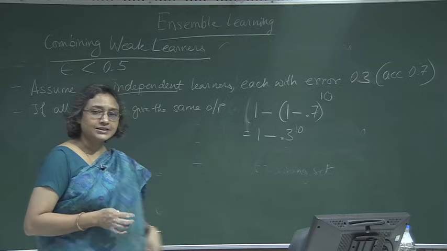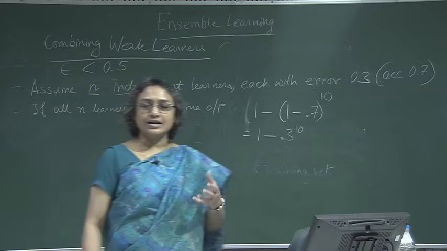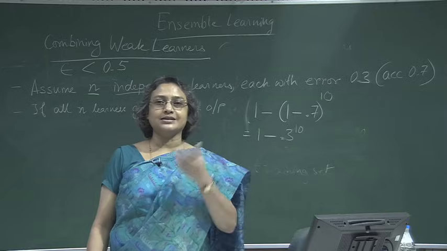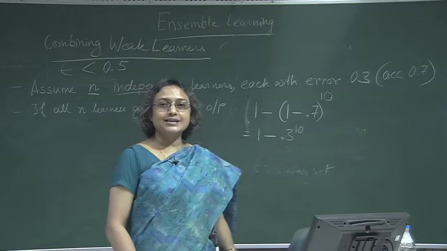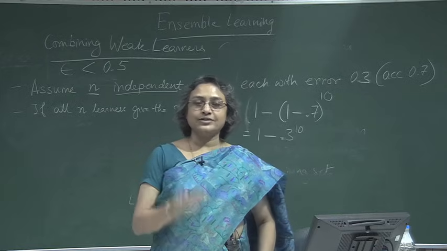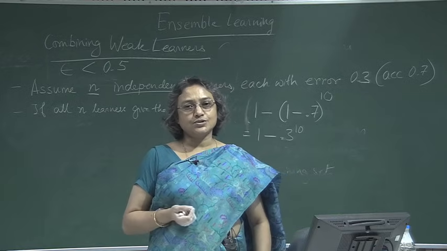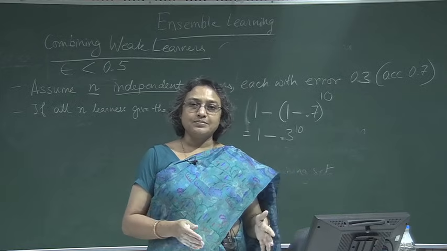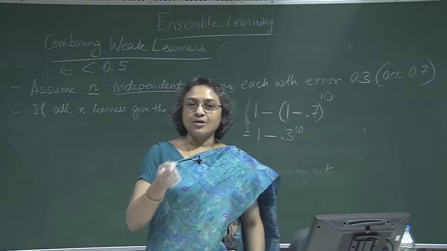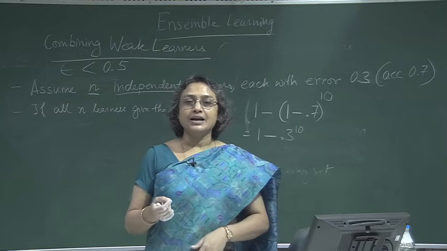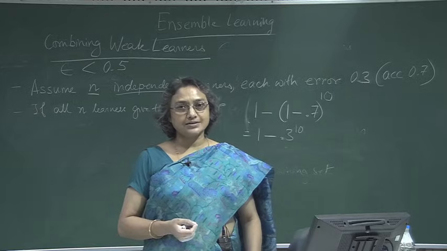In practice, we cannot always expect that all the learners will agree. If the learners have accuracy 0.7, it is unlikely that all of them will agree on the output. So, some of them will say class 1, some of them will say class 2, and our strategy will be taking the majority class.